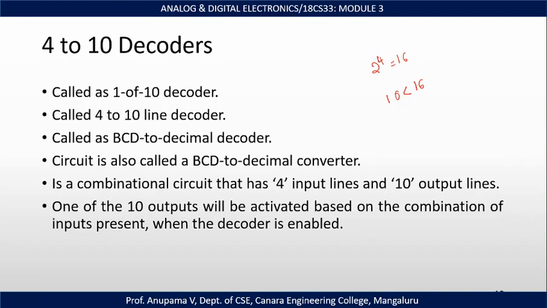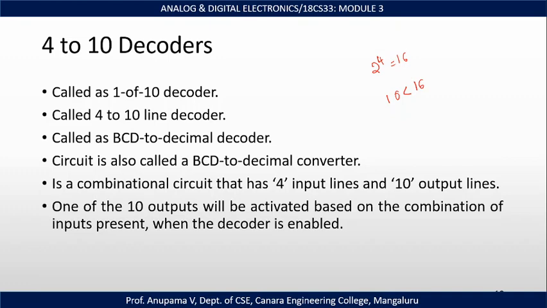A 4 to 10 decoder is also called a 1 of 10 decoder, since the decoder selects one of the outputs at the output side, and that is, one output is activated at the output side. The circuit is also called a BCD to decimal converter.